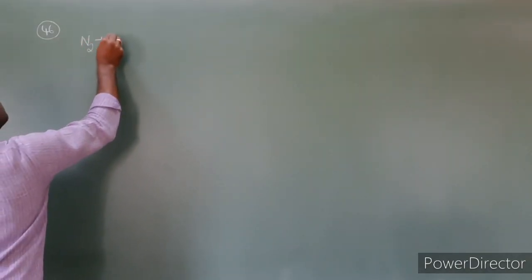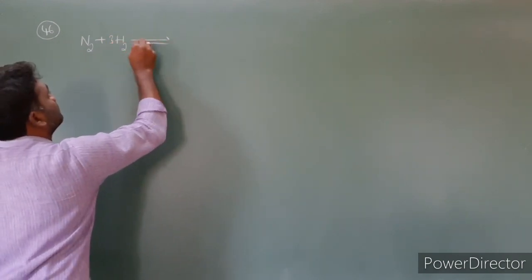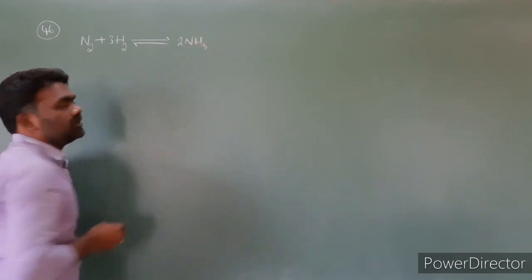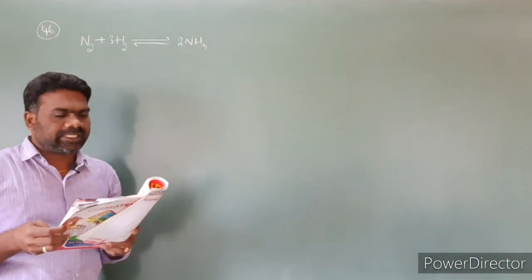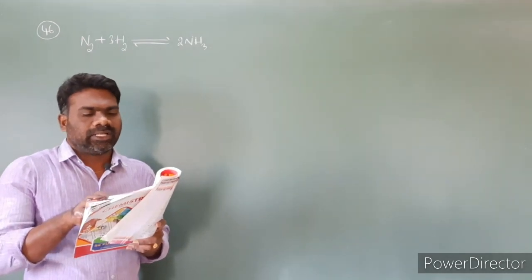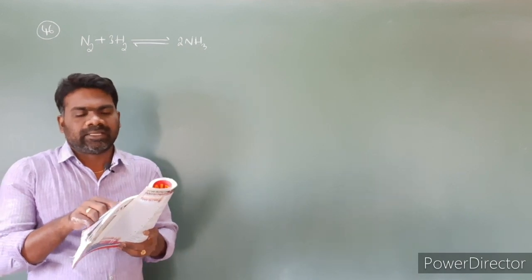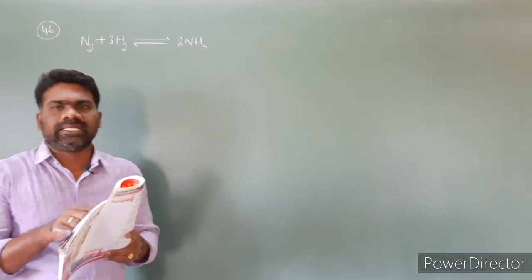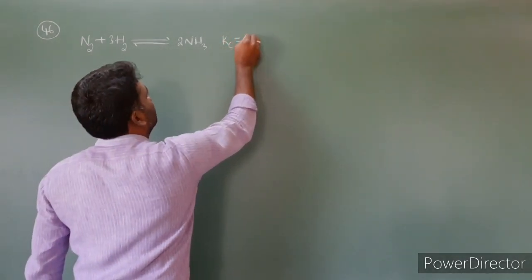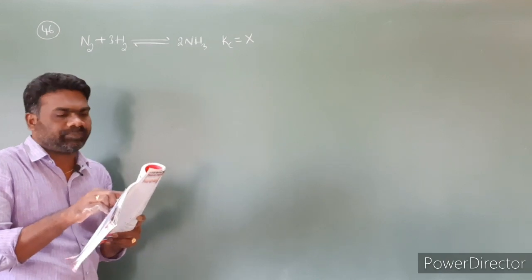N2 plus 3H2 gives rise to 2NH3. The data given for this reaction: the initial concentrations of nitrogen and hydrogen are 1 mole per liter and 3 mole per liter respectively. The equilibrium constant of the reaction is X. Kc is given, so Kc is equal to X.